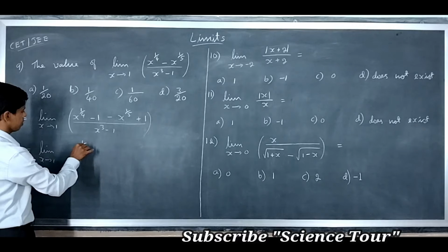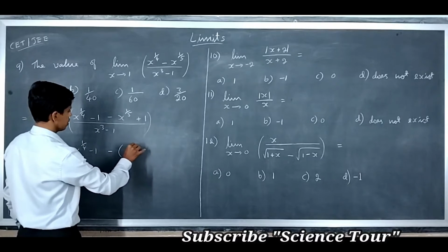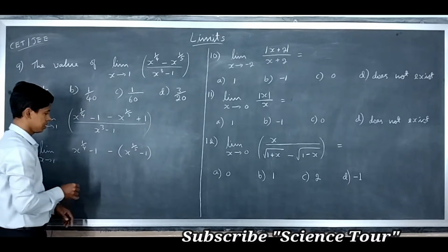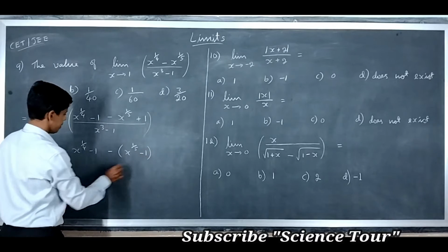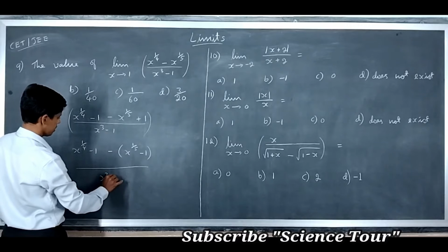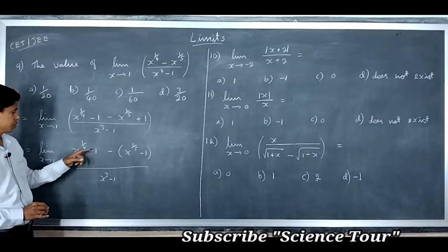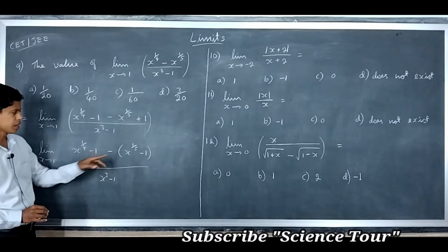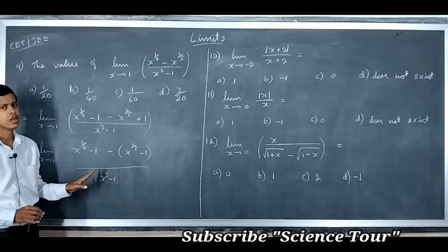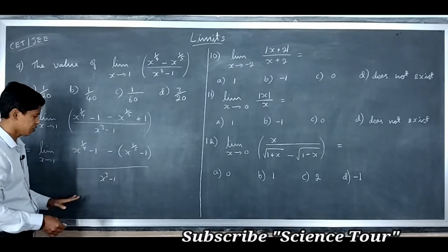So you will get minus 1 here, and if you take minus common, this will be plus, and that will be minus. Divided by x cube minus 1, correct? So here this is 1 raised to 1 by 4, all right. This is also 1 raised to 1 by 5, which is 1 itself. For your understanding, you can write 1 by 4 here, otherwise leave it that way, doesn't matter.